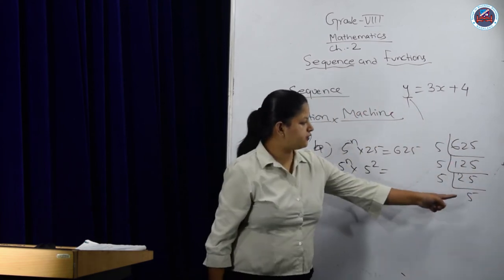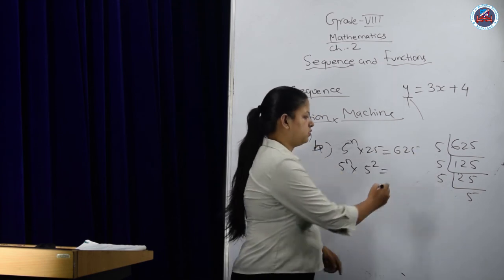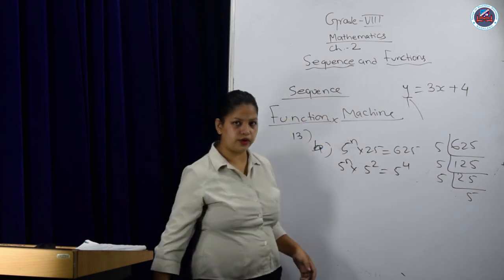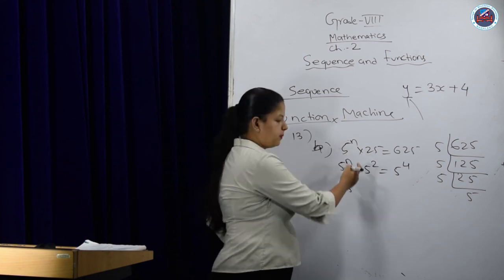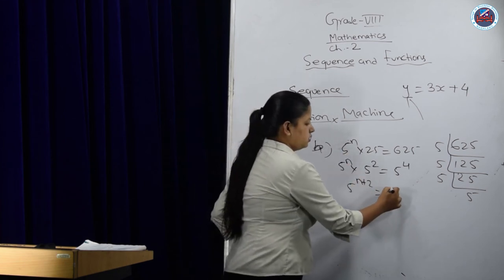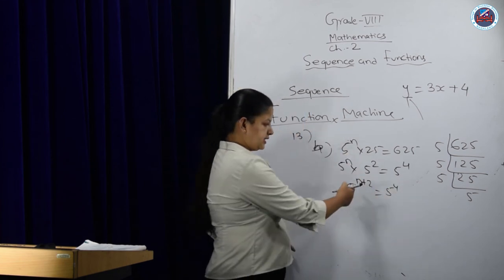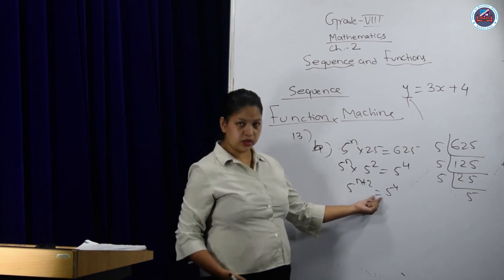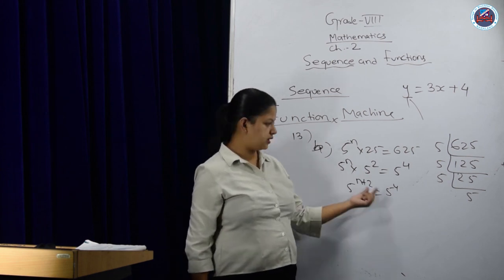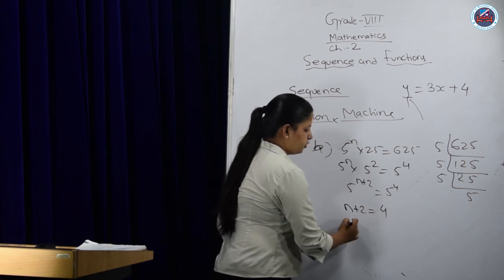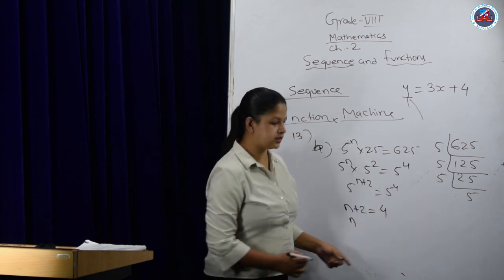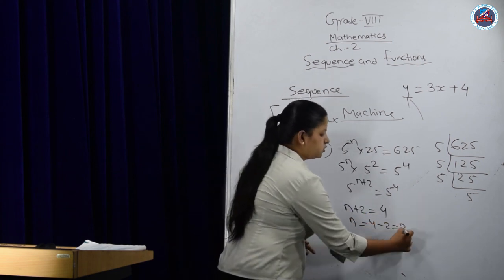That means 5 to the power 4 is 625. Now here, since they are multiplied, you can add the powers, n plus 2. Now, as I have told you before, if there is an equal sign and the bases are equal, then the powers have to be equal. That means n plus 2 is equal to 4. So if plus 2 goes to the other side, it will be 4 minus 2, which is 2.